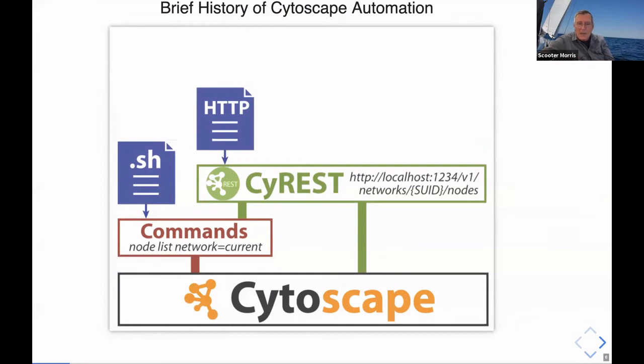And it accepts REST, representational state transfer, commands that can access the internal data model or ask Cytoscape to perform various functions. Notice that CyREST also uses the same commands that were already implemented. So you can access these commands via CyREST, and you can also access various information about nodes and edges and other things via CyREST.